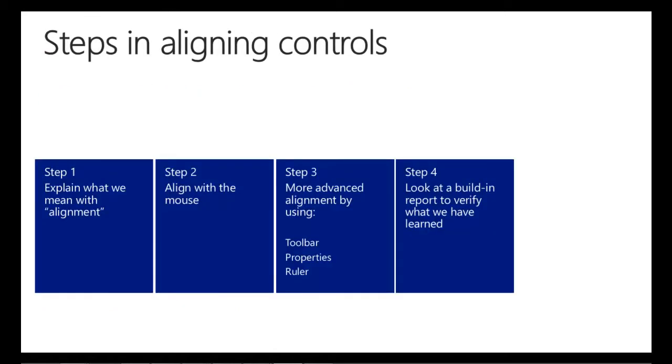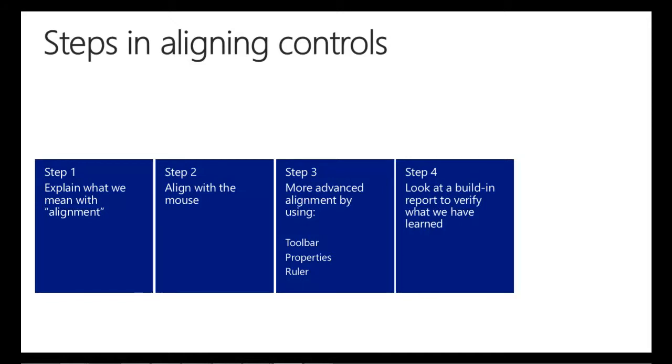So let's look at the steps that we will take to explain alignment in reports. First of all, we'll explain what alignment is, so at least you'll know what we're talking about in the next 3 steps. Then first, we'll do it a simple way: we'll align it with the mouse, just using the mouse. Next, we'll do it a little bit more advanced by using the tools provided by Dynamics NAV.